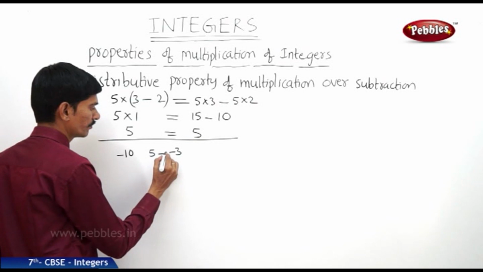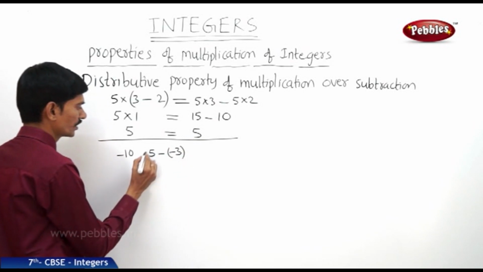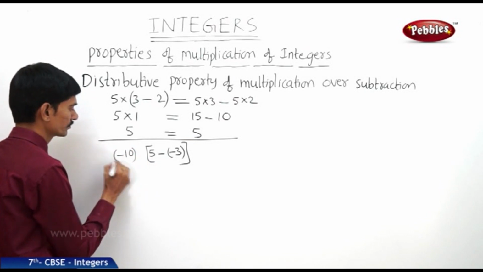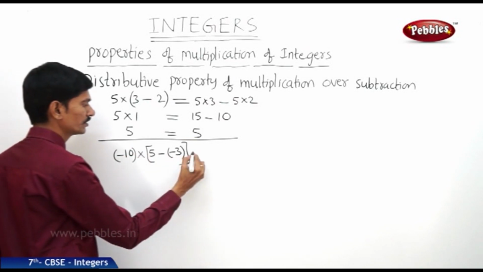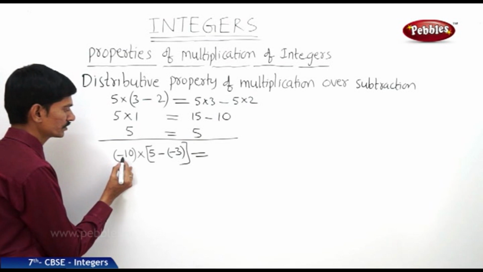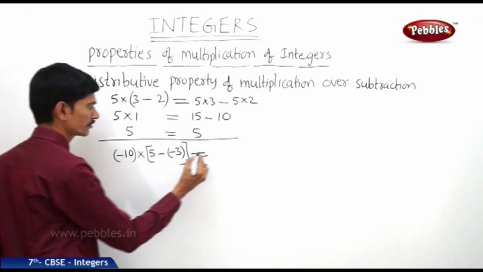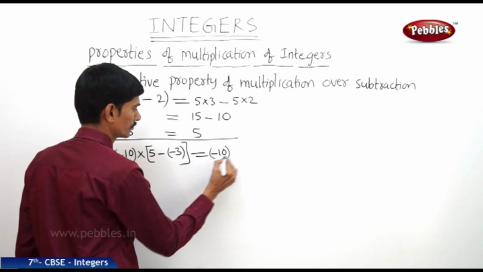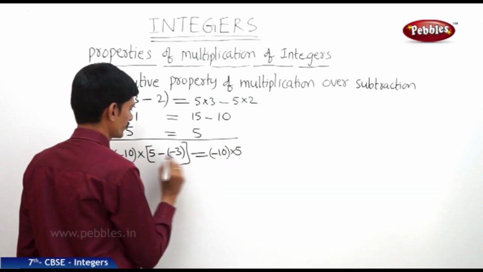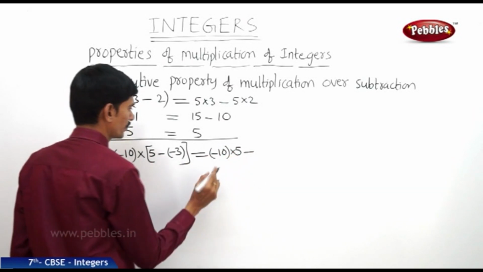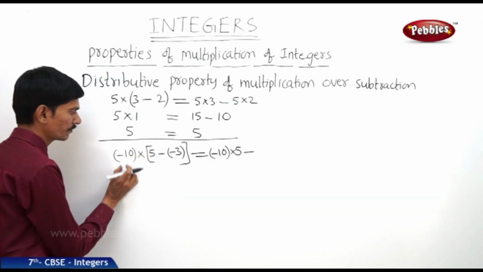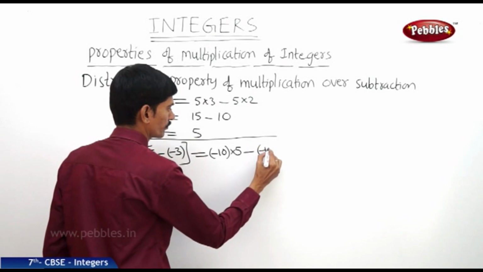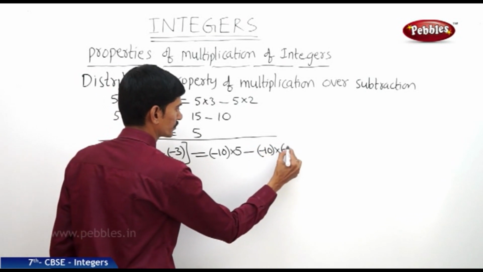So 5 minus of minus 3, and this difference is multiplied by minus 10. So this is equal to minus 10 is multiplied by 5, so minus 10 into 5, then minus, and minus 10 is multiplied by minus 3. So we can write minus 10 into minus 3.